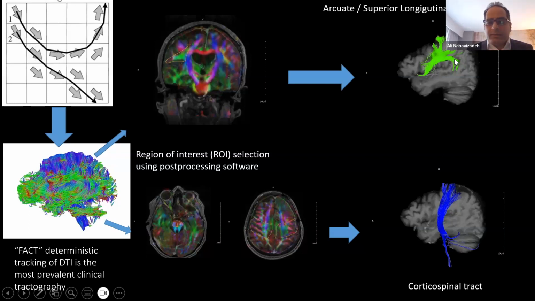You can see here, this is arcuate / superior longitudinal fasciculus. This is corticospinal tract. This is the deterministic tractography that we use in the clinic commonly.